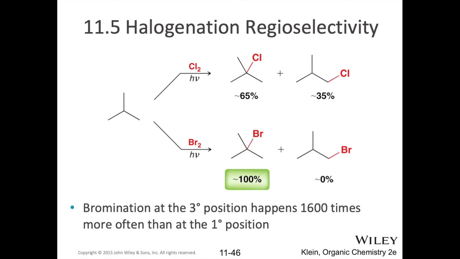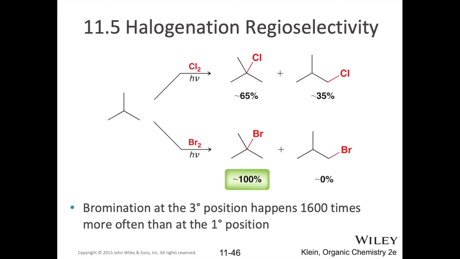If you have multiple hydrogens you can swap out for a halogen, you may want to go with bromination just because it's going to be more selective. Now, if you have only one site where there are protons to swap out, then chlorine isn't a bad idea because, like I said, it's going to react more readily.